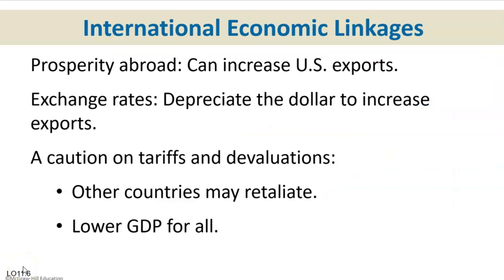Since we can see the link between increasing our exports and increasing our GDP, I want to talk real quick about things that can increase exports. The first one is prosperity abroad. So our two biggest trading partners are Canada and China. So let's say Canada has economic expansion and their incomes are increasing in Canada.